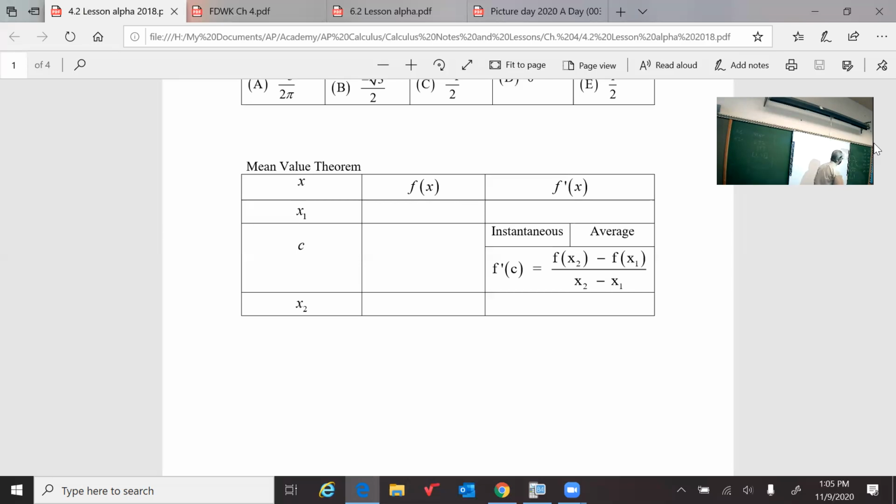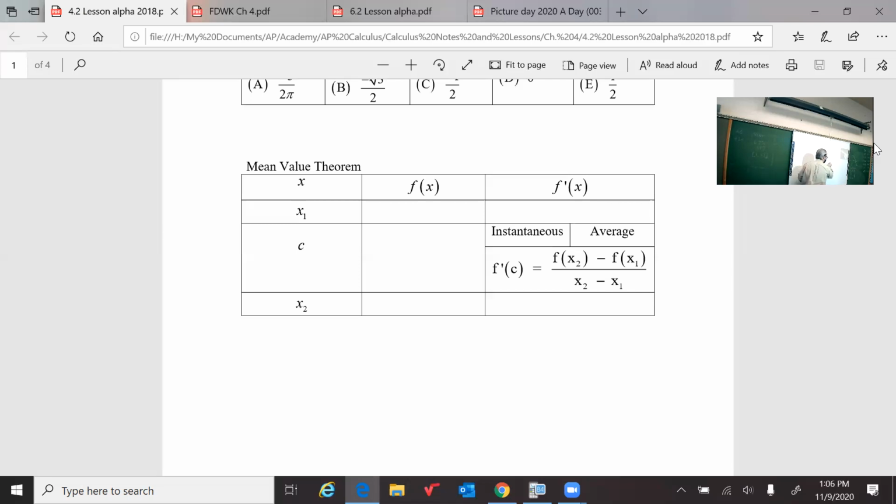So in this case, x sub 1 is 0 and x sub 2 is positive. Okay? The mean value theorem we talked about is saying this. The average change would be this value, the height at x sub 2, take away the height at x sub 1, difference of the y's over difference of the x.